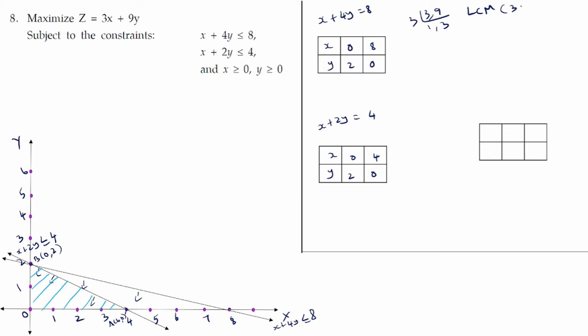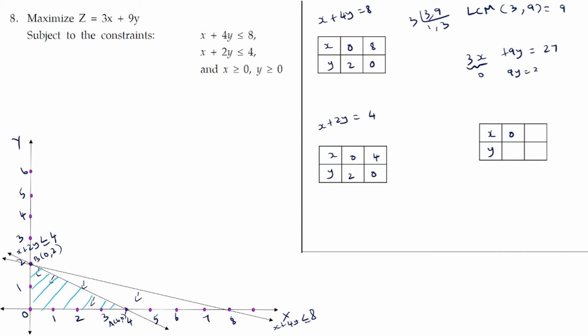So for simplicity's sake, I am choosing the arbitrary value for z as 27. So let us draw the line corresponding to 3x plus 9y equal to 27. Again we require any 2 points on this line. So when x is 0, this part becomes 0.